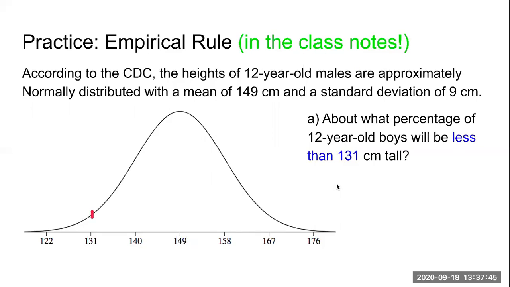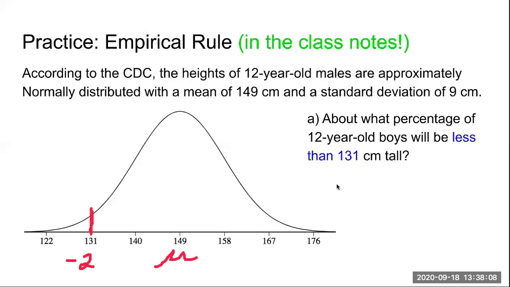But 131 would be right here. The mean is right in the center. We use this Greek letter mu. It looks like a U, but it's actually kind of like a capital M, for 149. And this would be 2 standard deviations, -2 standard deviations away from the mean.